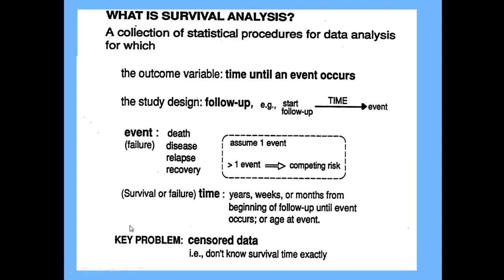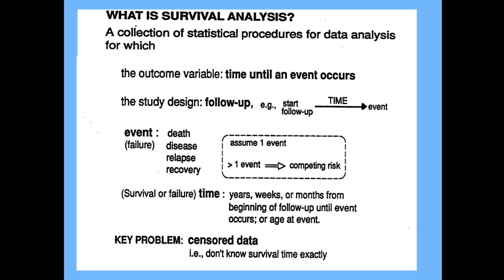Or it could be time until they get better, time until they recover. So it could be any one of these things, and it depends on what you're dealing with. But typically we often call it a failure, even if the event is a good thing. We say time until the event happens, even if it's good, we say they failed. They got the event, even though it really might be a success, okay?